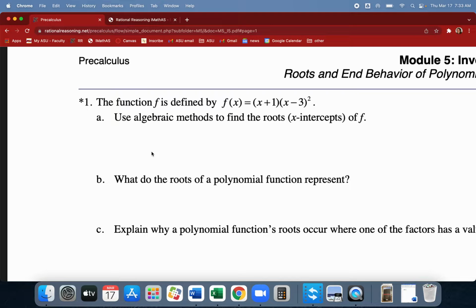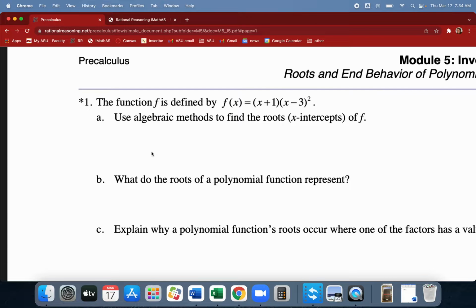If I had an equation, x plus 1 times x minus 3 squared equals 0, I can figure out when that equals 0 since it's already factored. They've done the hard part for things that are more than quadratic. It makes it easier to use the zero product property.